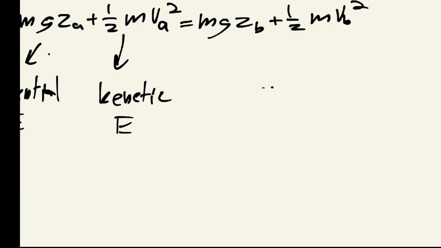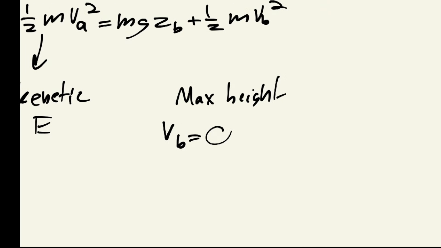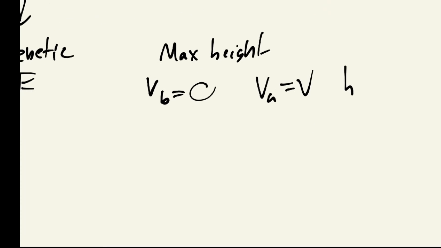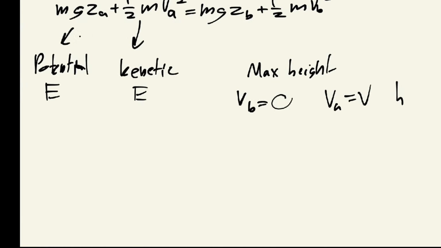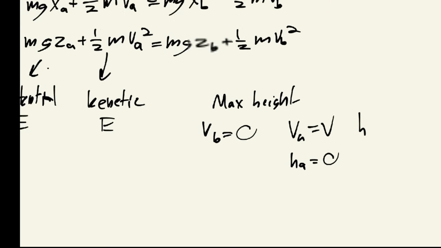So imagine we want to find the max height of a ball that's been flown up. Well, V sub B, the end, is going to be 0, right? We don't know what that is. And imagine we're given V sub A, like they told us how far they hit it. Let's say V sub A equals V, and we're trying to find H. And H sub A equals 0, like we're starting off at the bottom.